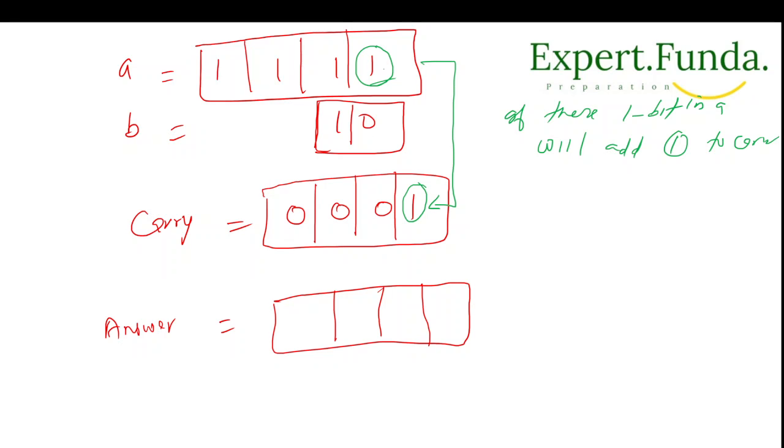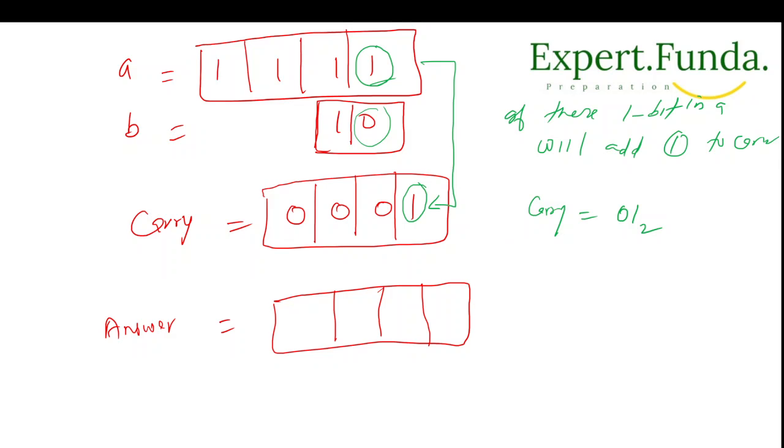Here A has 0 and B has 0, so we are not considering that right now, but if A has 1, then we will add 1 to the carry. Now carry has 0 1 like this.